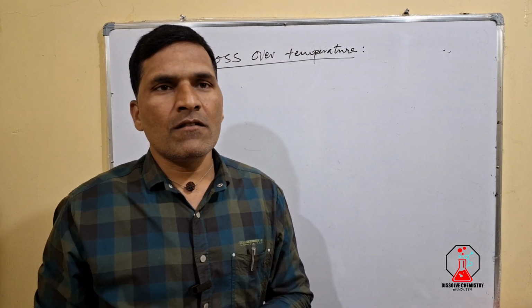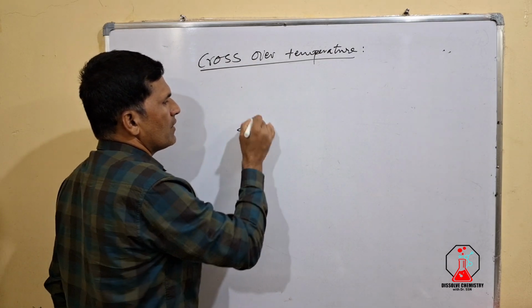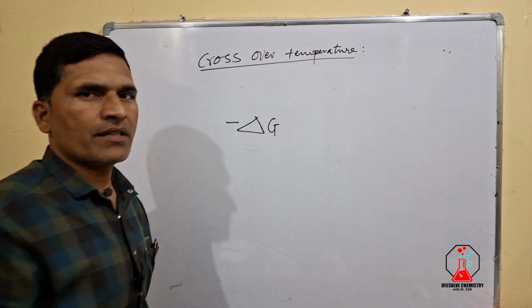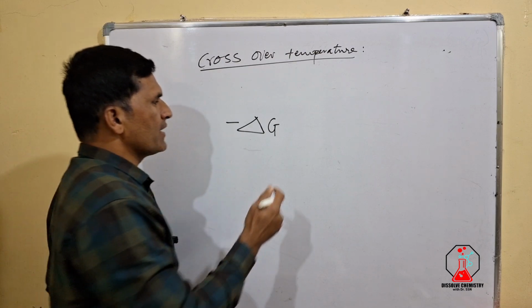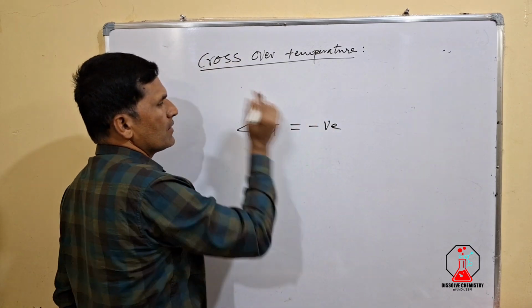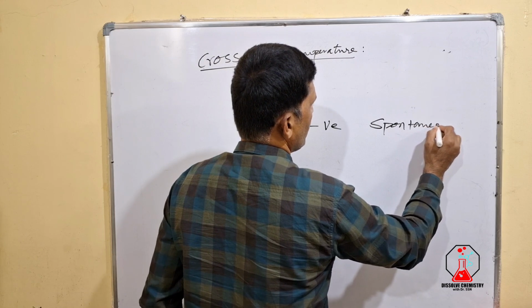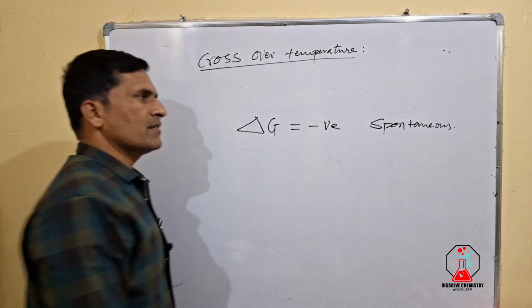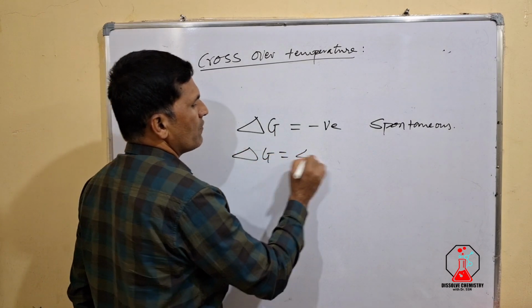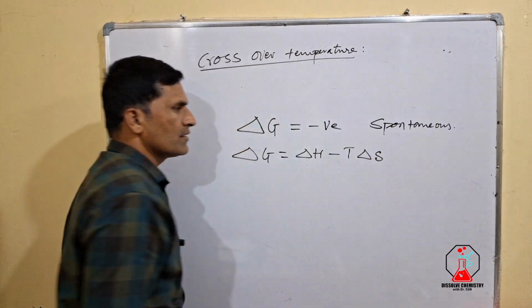For example, consider what we have said: when the Gibbs free energy change for a given reaction is negative and its magnitude with the negative sign increases, the process is said to be more spontaneous. We called it spontaneous, and it depends upon the value of delta H and the value of delta S.